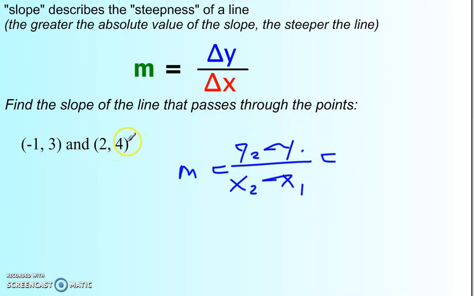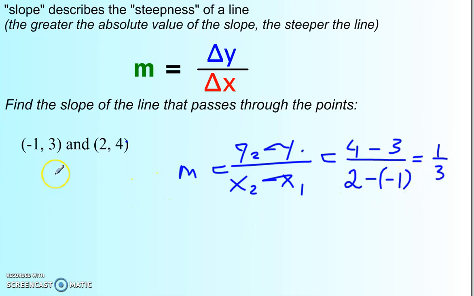That gives us y2 is 4 minus 3, and then over x2 is 2 minus, careful here, negative 1. And this is where many of you make mistakes. We forget minus and negative. So that would be plus, and that would give us 1 over 3, not 1 over 1.